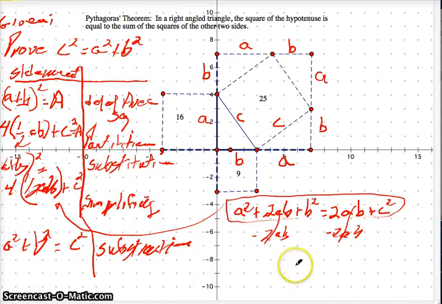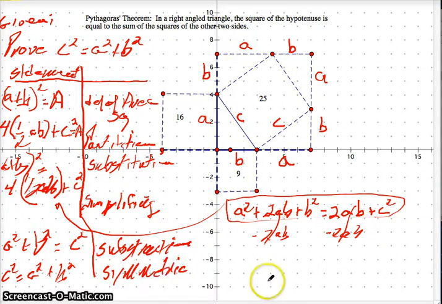Therefore, we have just proven that C squared equals A squared plus B squared. Of course, I can swap these over by using the symmetric property to make it exactly the same.